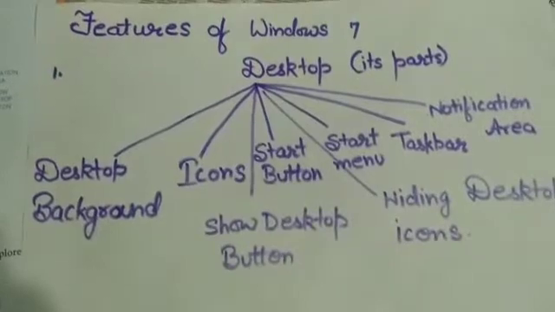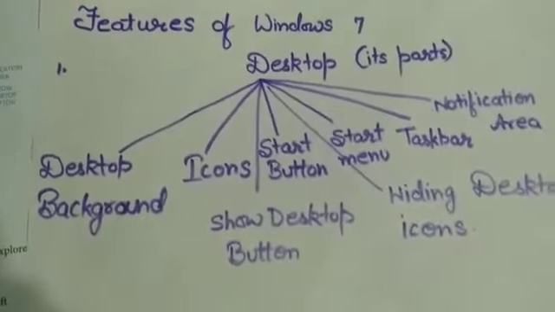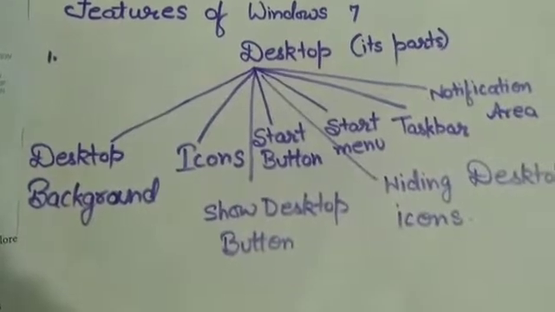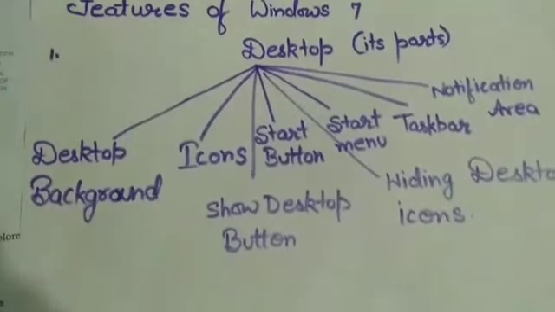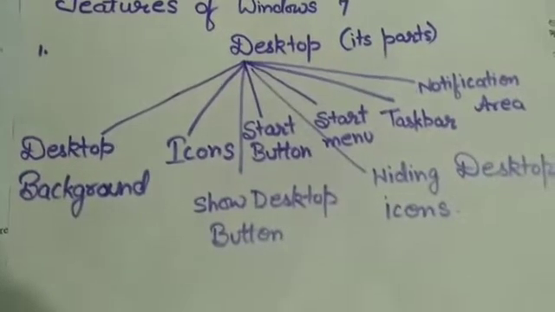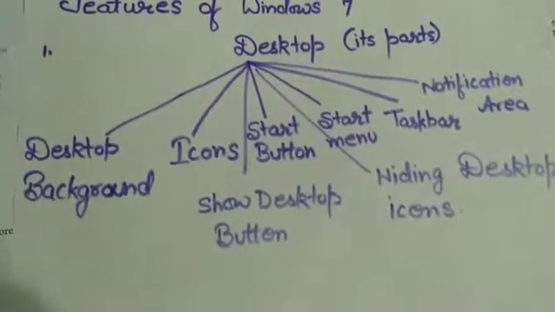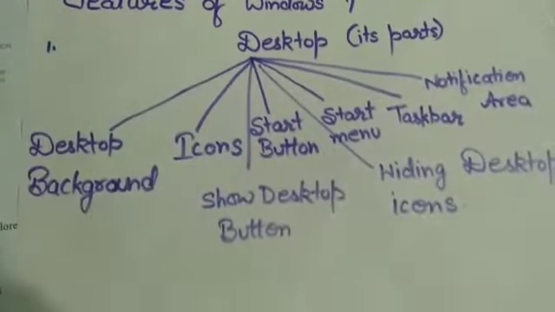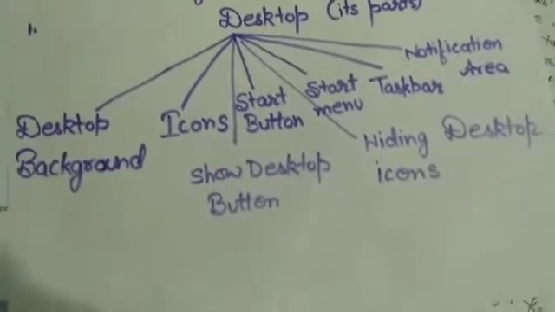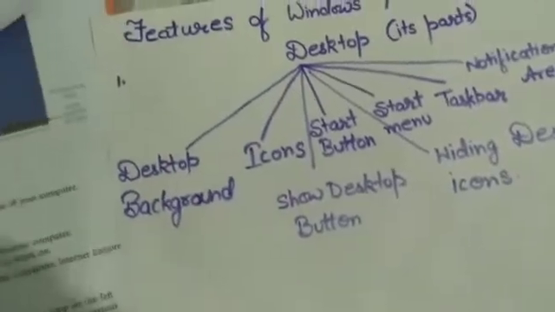So the features of Windows 7 are the desktop. The desktop has many parts. They are desktop background, icons, show desktop button, start button, hiding desktop icons, start menu, taskbar and notification area. I will show you the picture also of the desktop.